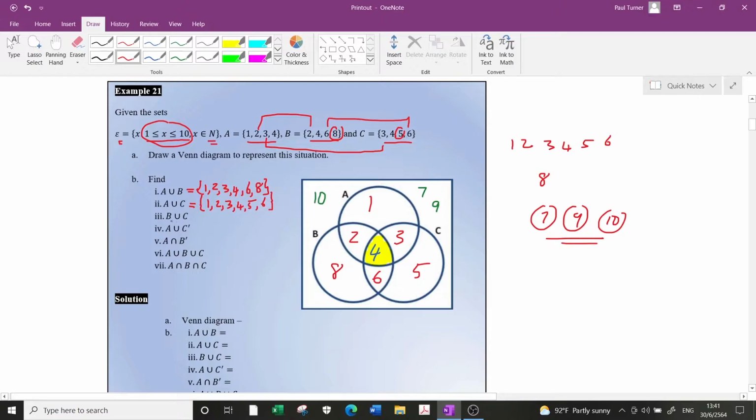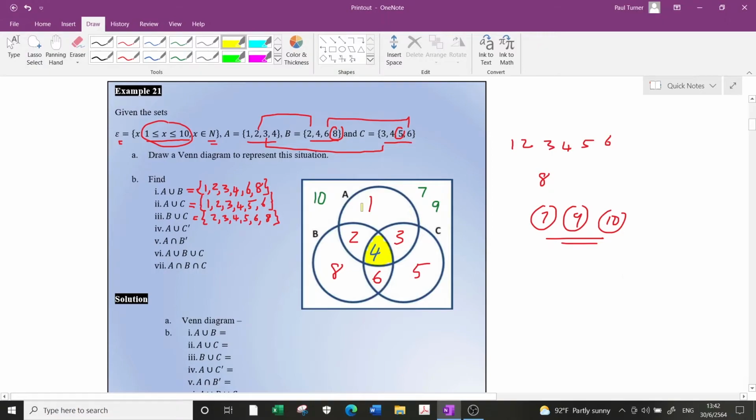Okay, so this one is B union C. So B union C are these elements here: 2, 3, 4, 5, 6, 8. Like that.